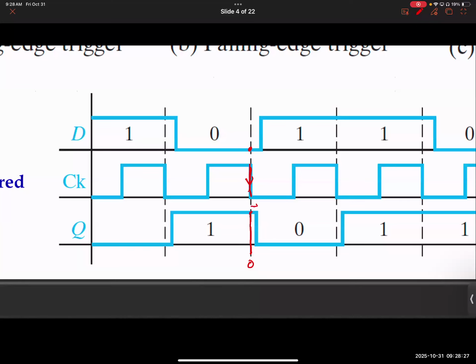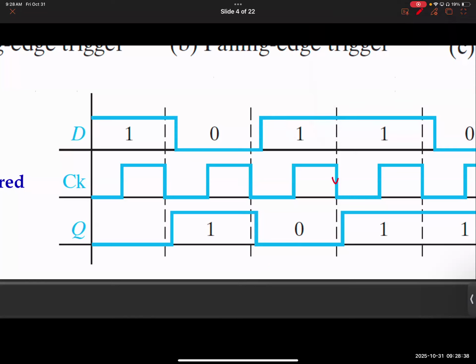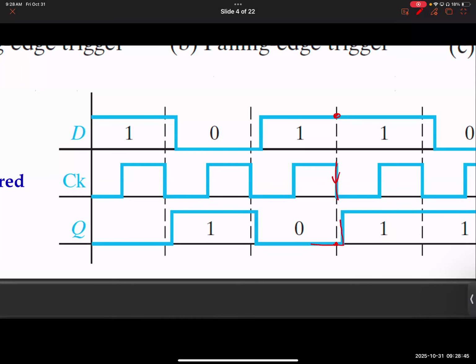There is a delay, of course, but after the delay, you become 0. And then you stop paying attention to the data altogether. You don't care. Until when? Until the next falling edge, which is right here. You look at the data at this falling edge and you see the data is 1. And then you try to become 1 with a delay and so on. Does that make sense to you?